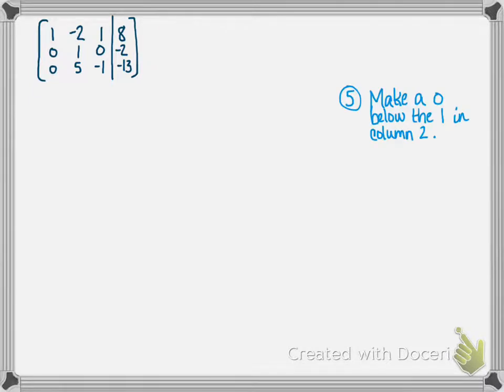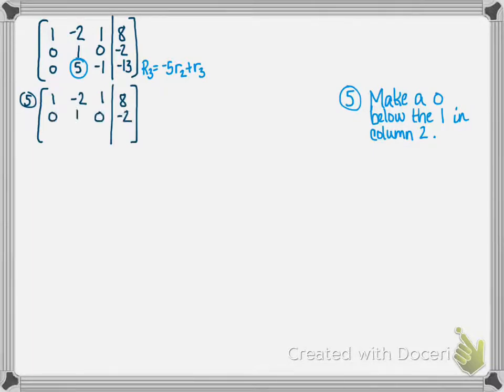Our next step is to make a 0 below the 1 in column 2. So this 5 needs to be made into a 0. I can do that by multiplying my row 2 by -5 and adding it to my old row 3. So in my matrix, row 1 stays the same, 1, -2, 1, 8. Row 2 stays the same, 0, 1, 0, -2.